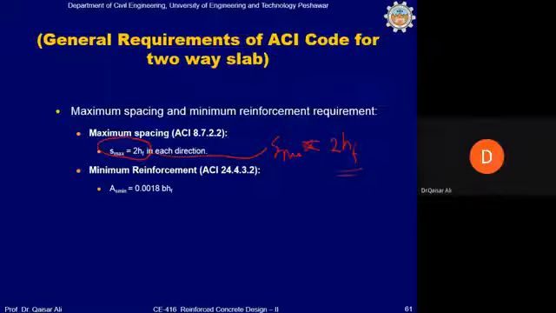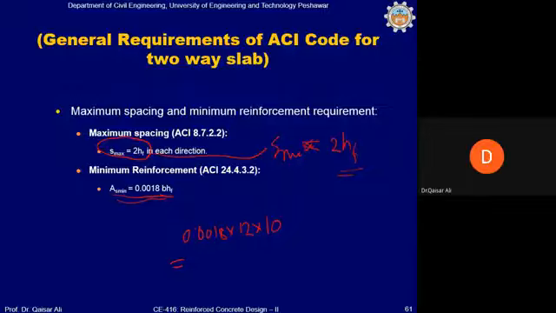At the same time, minimum reinforcement shall also be checked at the critical location. Minimum reinforcement in this case is 0.0018 times 12 times 10. If you calculate this, this comes out to be 0.216 at all critical locations.